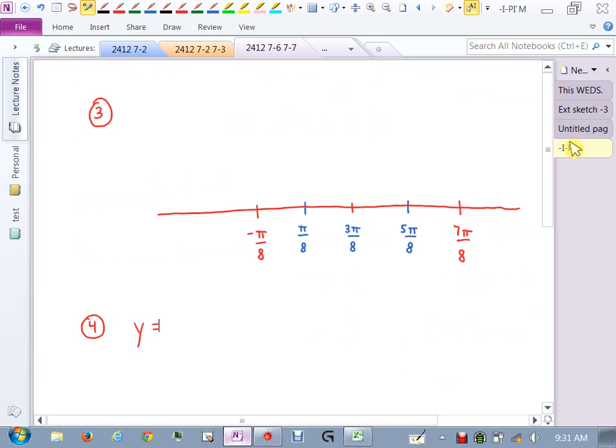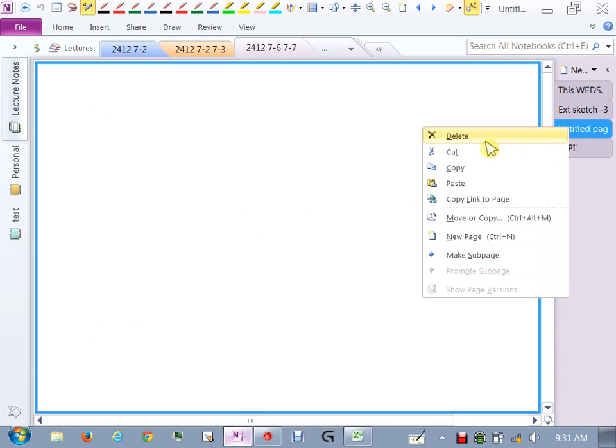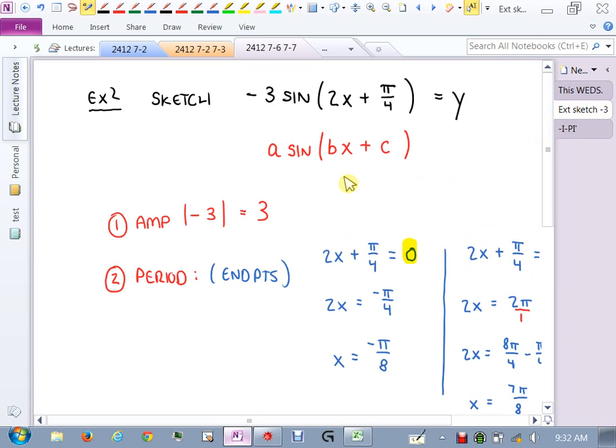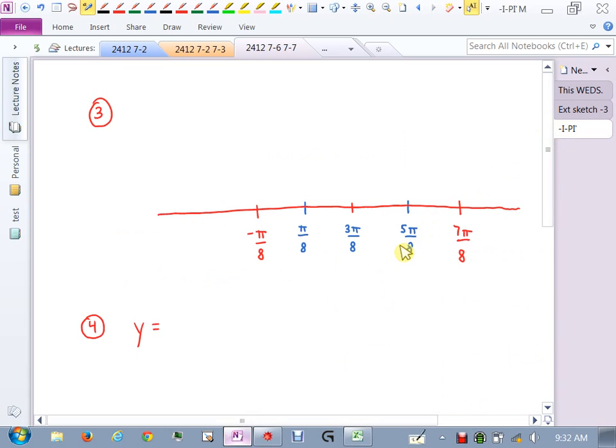Hold on, I've got this blank page in here. There we go. Delete that. Yeah, negative 3 sine, okay. So let's plug in the first point. Negative 3 sine, we have 2 times, the first one I'm going to plug in is negative pi over 8. And then I still had there what? Plus, what was my phase shift? Pi over 4. Trying to figure out what that's equal to.